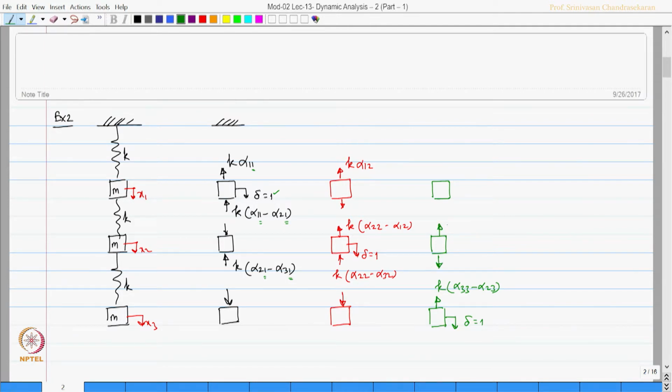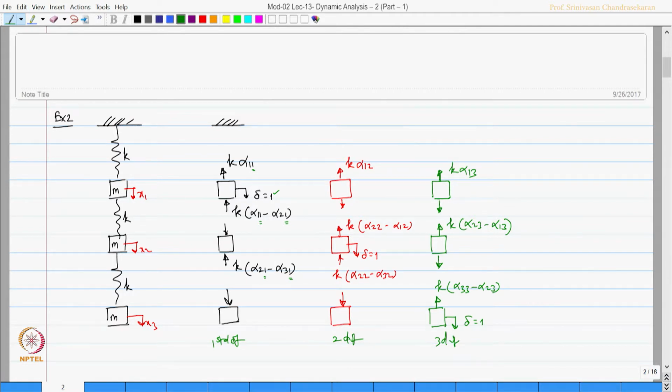This will be k times alpha 2 3 minus 1 3, and this will be opposite, and this will be k times alpha 1 3. So, this is first degree, this is second degree, this is third degree.